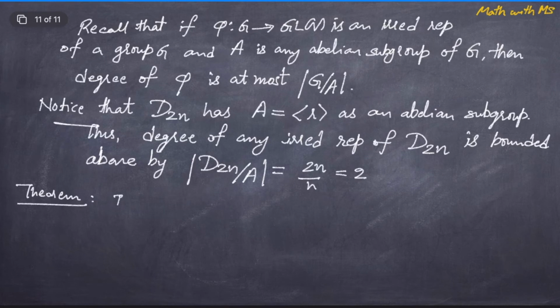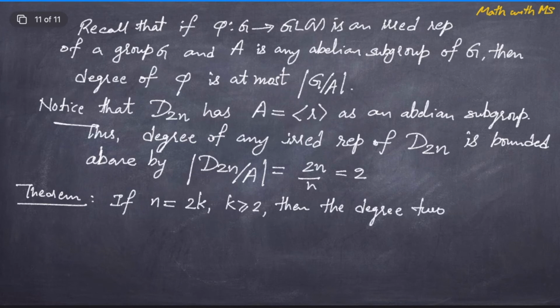Theorem. If n is even, say n equals 2k, k bigger than or equal to 2, then the degree 2 irreducible representations of the dihedral group D_2n are given by the following.